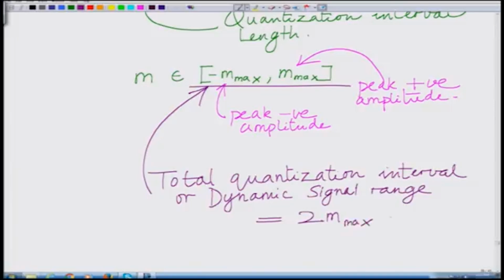Okay, m max minus minus m max, that is twice m max, that is the total dynamic signal range, that is the width. Right. Now, this is being quantized with quantization interval, that is quantization step size delta.